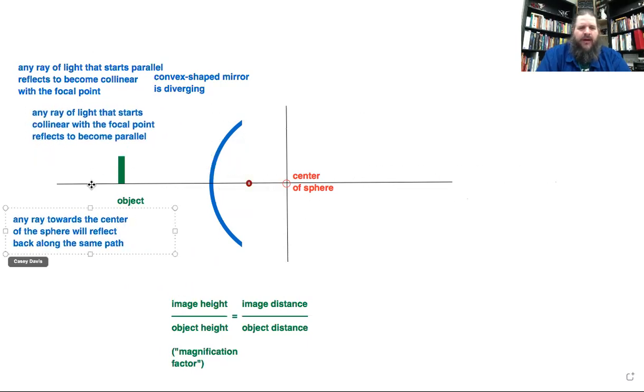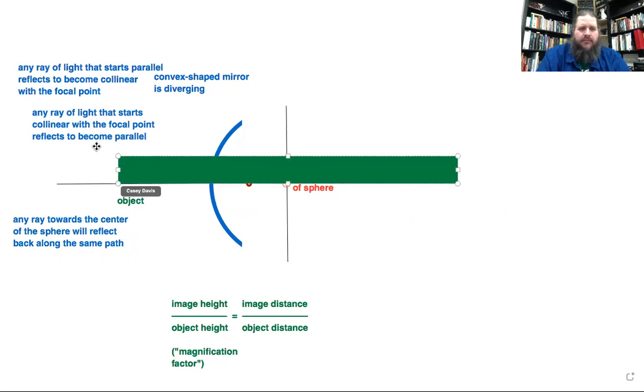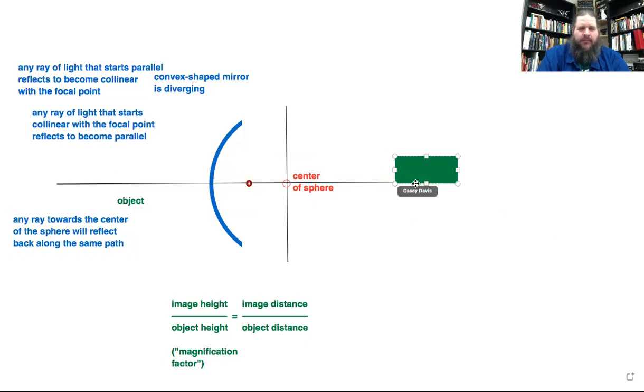And let's say we put the object on the right side of the mirror. Somewhere like here.